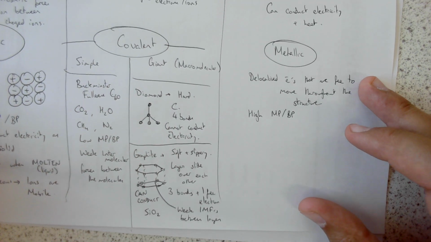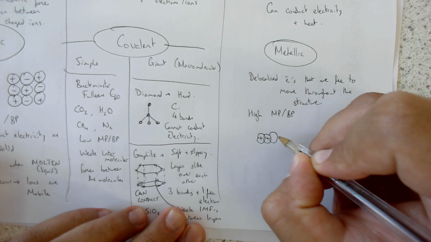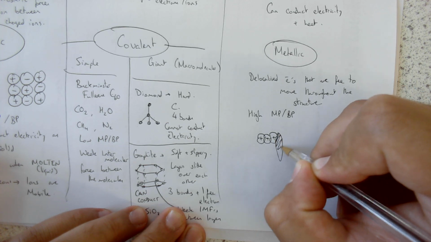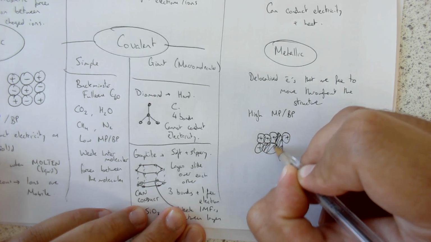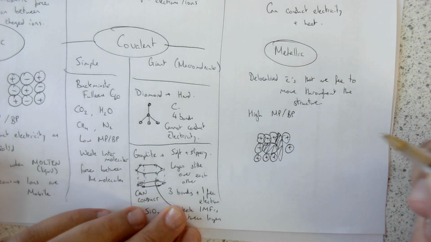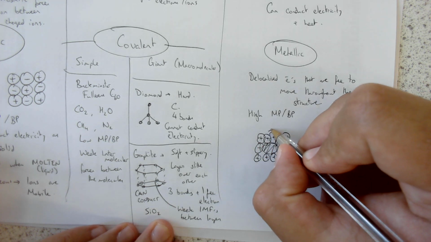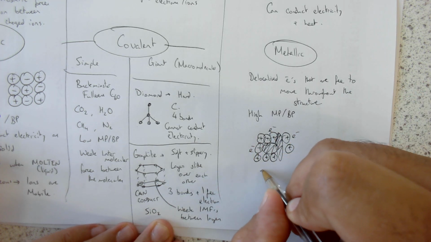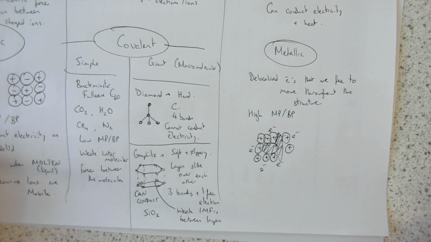Alloys are slightly different. So down here, I'll draw you an alloy. So here you see we have all of these metal ions. Let's draw the electrons in as well. But then we've got these two things here in the middle, and they would be atoms of different substances. So an easy alloy to name is steel.